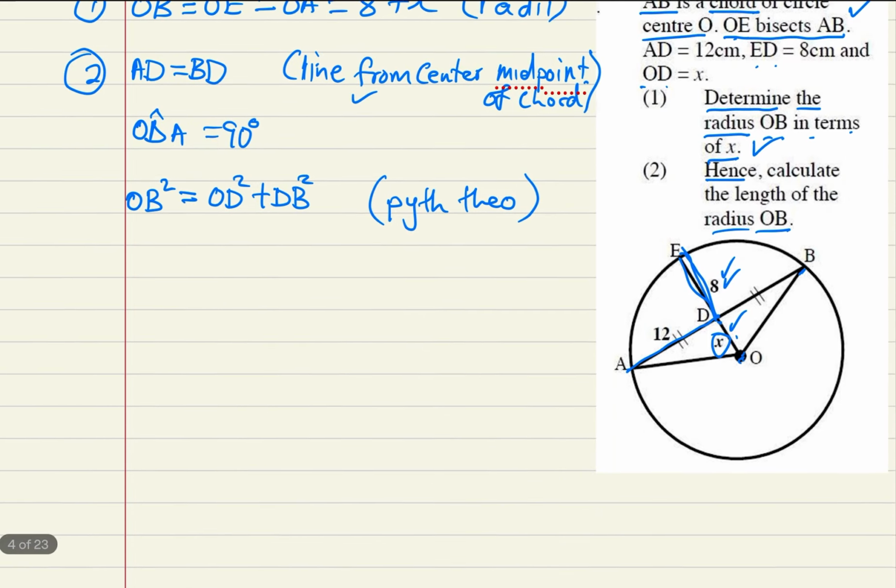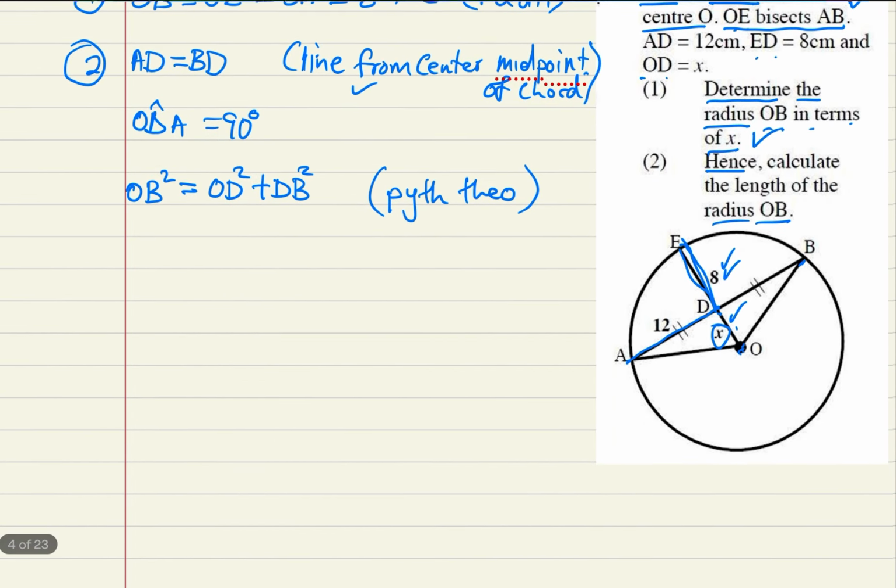Now let's go for it. What is OB? OB is 8 plus x, all squared, equals to OD, which is x, all squared, plus BD. BD, remember, is equals to 12 units, so this one will be also 12 all squared.